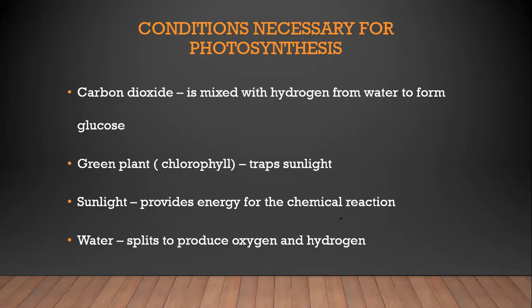Then the chlorophyll, that's why it is only the green plants that are able to photosynthesize. The function of the chlorophyll is simply to trap the sun's light. Then the sunlight is the one that provides the energy for the chemical reaction of photosynthesis. And the water is the one that splits up to produce oxygen and the hydrogen.